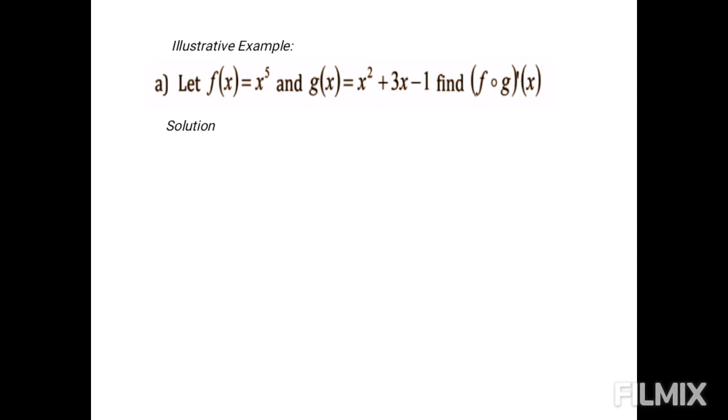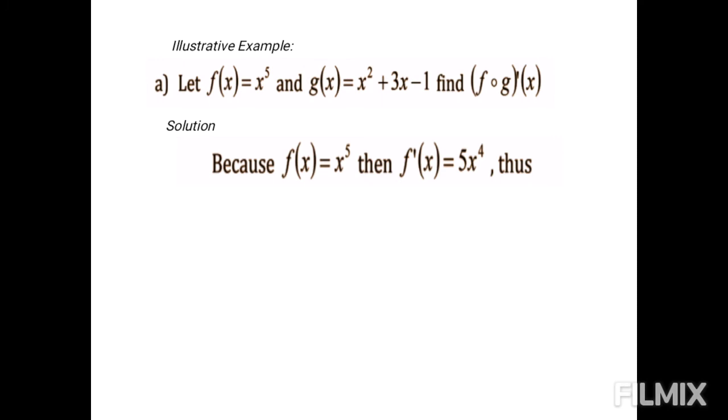We have our given that f of x is equal to x to the 5th power and g of x is equal to x squared plus 3x minus 1. Find the derivative of f of g of x. First, we get the derivative of f of x, which is x raised to the 5th power. The derivative of that will be 5x raised to the 4th power using the constant multiple rule.